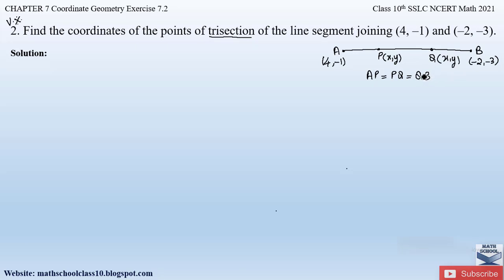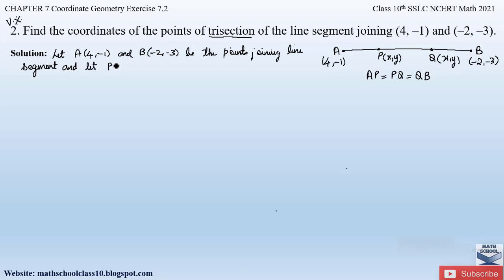So first of all, let us write down: let point A be given as (4, -1) and point B as (-2, -3) be the points joining the line segment, and let point P and Q be the points of trisection.